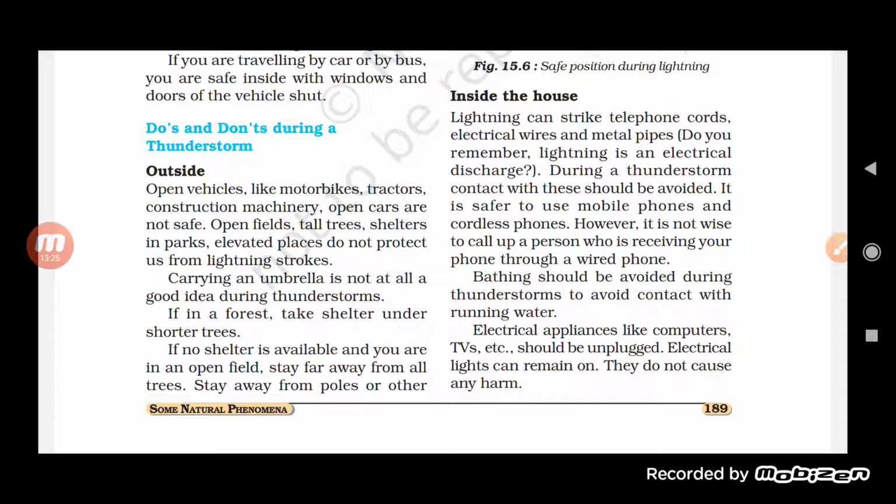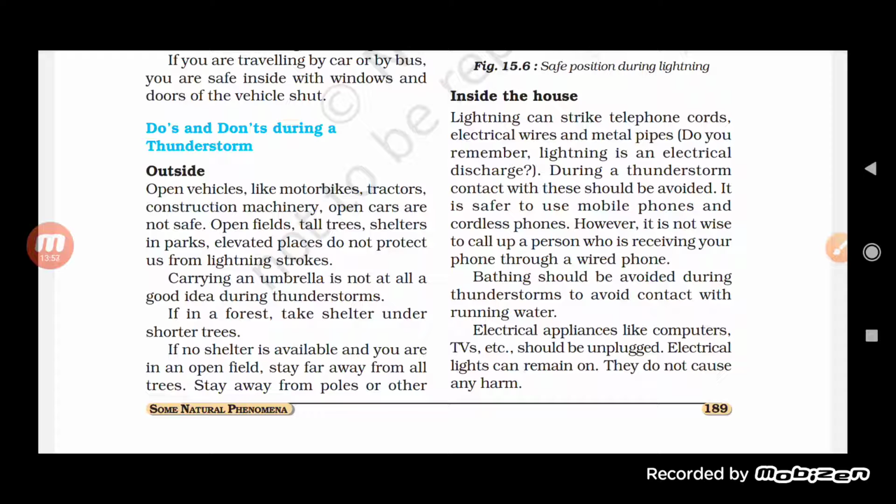So if we are in open vehicles like a motorbike, tractor, construction machinery or open car, this is actually not safe. If open fields, tall trees, shelter in parks, or elevated places are there, they do not protect us from lightning strokes.